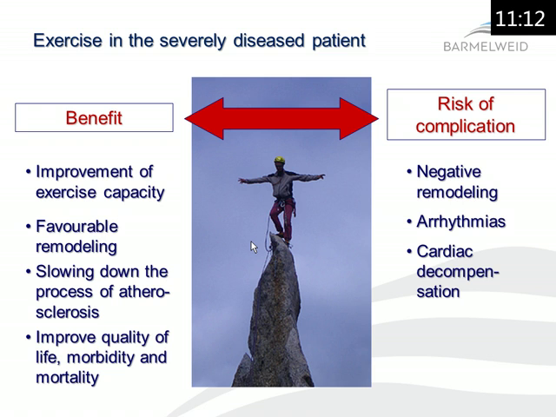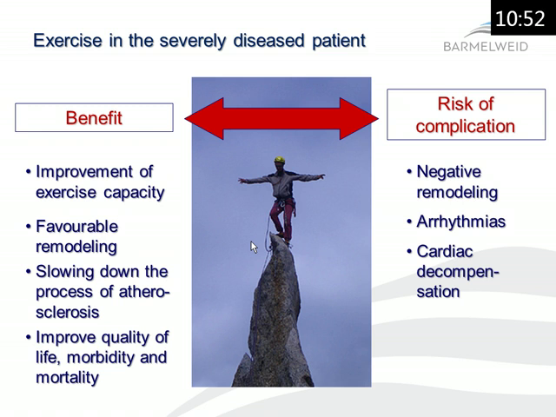Data show that left ventricular function improves with exercise and the diameters come down. Arrhythmias during exercise are very rare. We have heard it also today that exercise in itself is not a very high risk. It is more the baseline disease which is of risk.